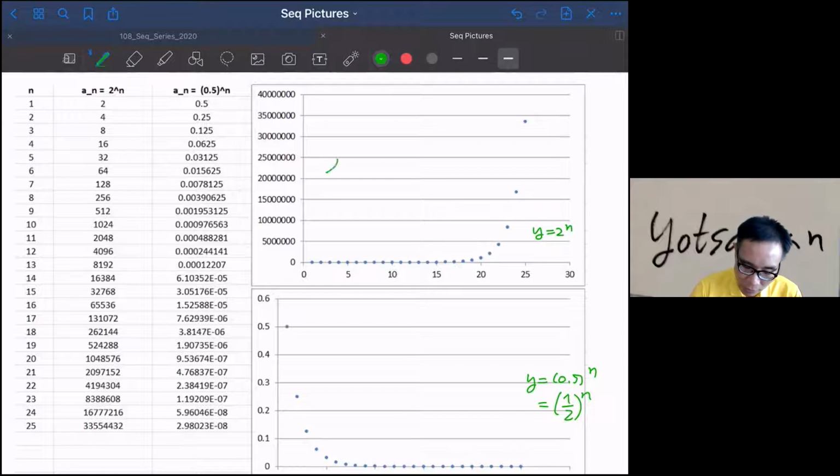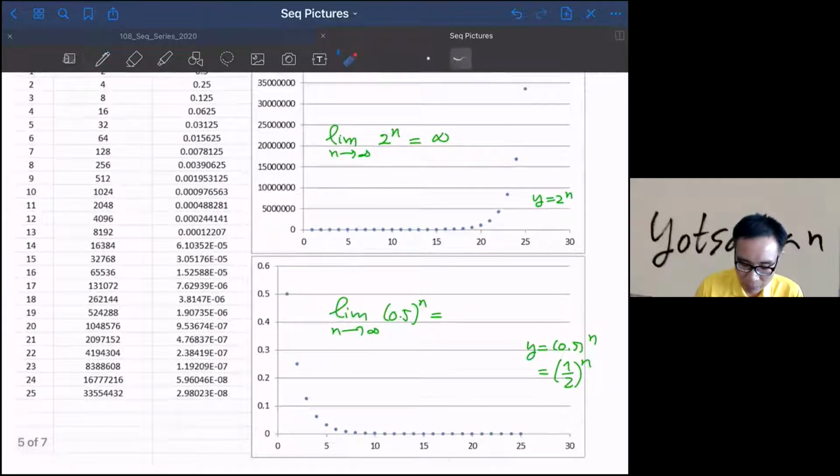We see that the limit as n goes to infinity of 2 to the n turns out to be infinity. And the limit as n goes to infinity of 0.5 to the n becomes lower and lower, approaching 0.